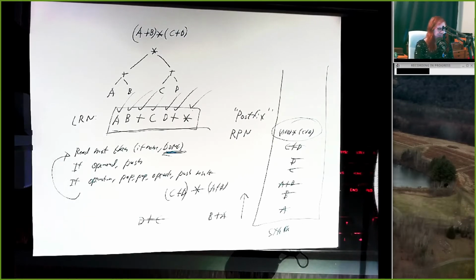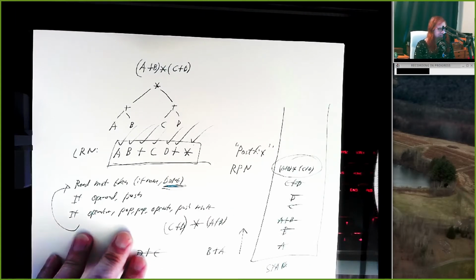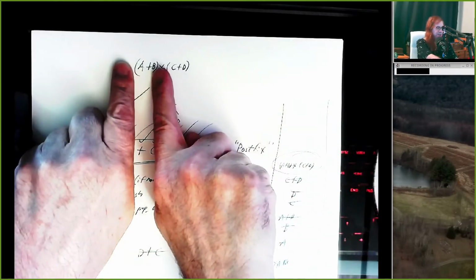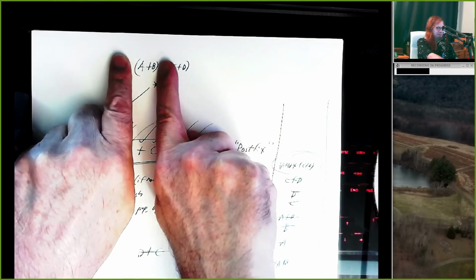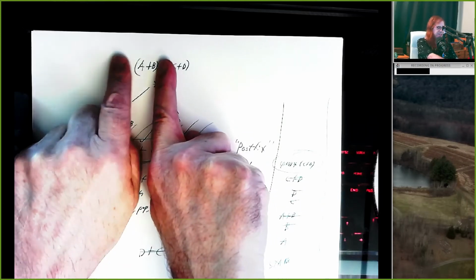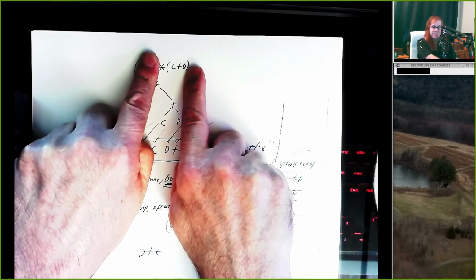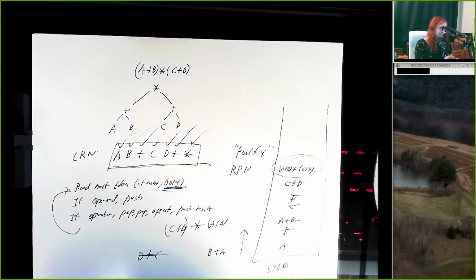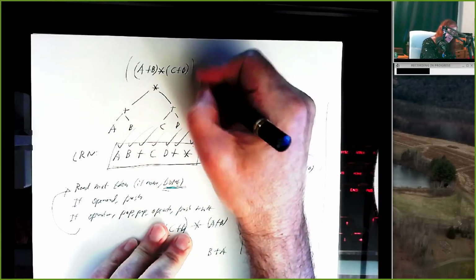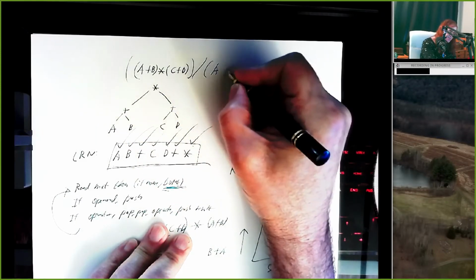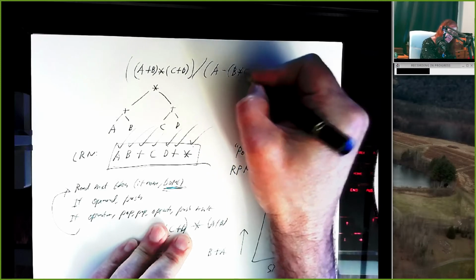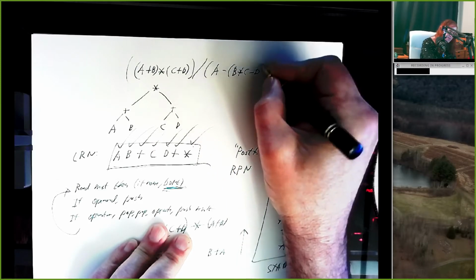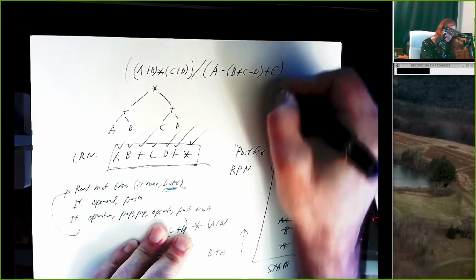And it comes from a stack basically because these parentheses are saying remember this. Right? We're going to do A plus B, and then we need to remember that. And we're going to do C plus D, and we're going to remember that. And then if we wanted to, divide this by A minus B times C minus D plus E, right?